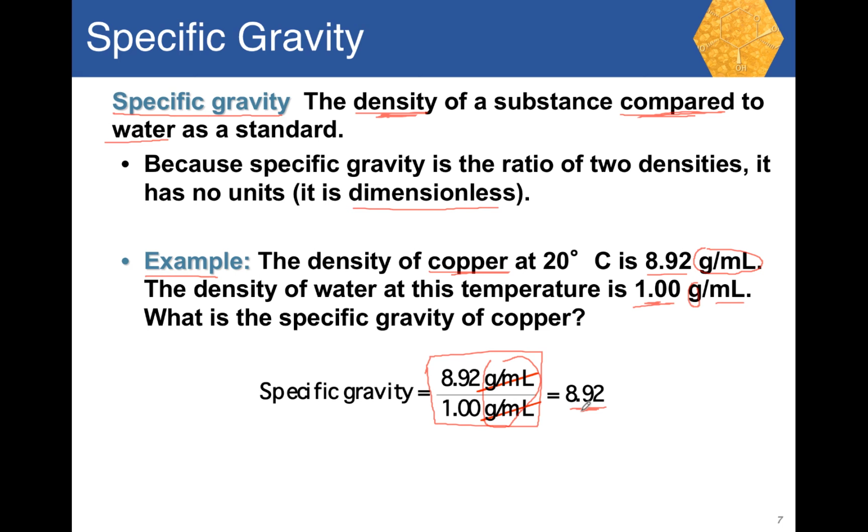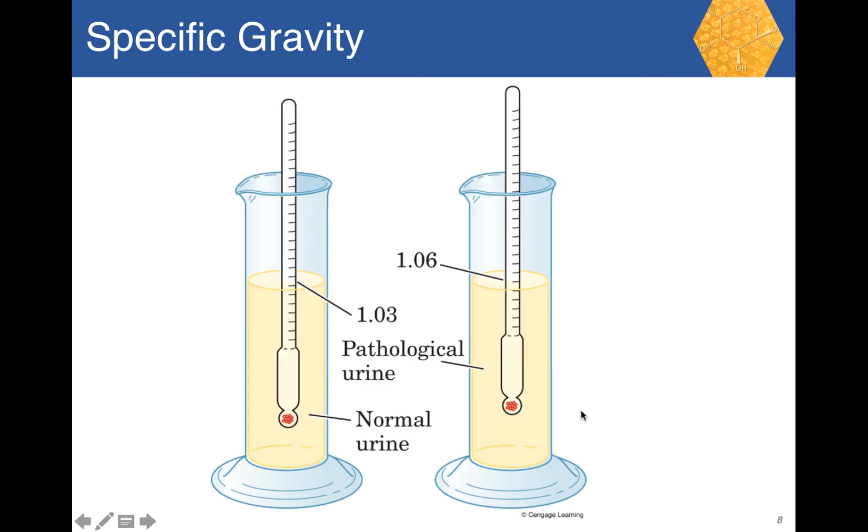Let's see an application of this concept. Here we have an instrument we call the hydrometer, which measures the specific gravity. If you take this instrument and put it in normal urine, it registers a specific gravity for this liquid of 1.03.